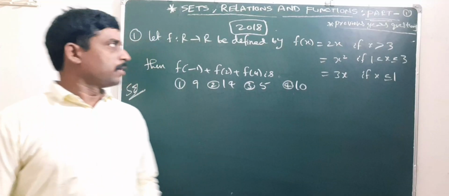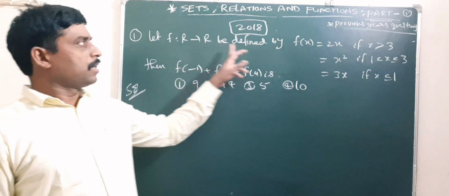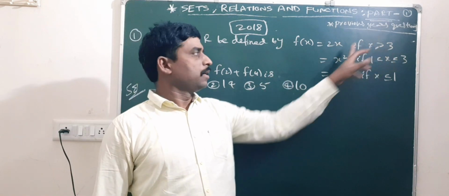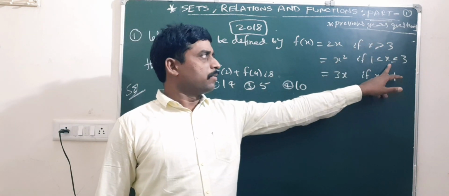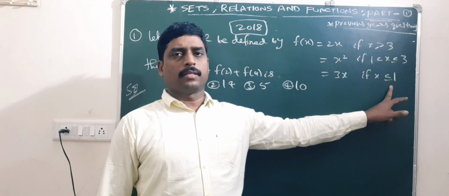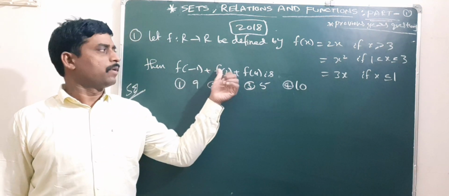Let's see question number 1 in 2018. f is a mapping from R to R defined by f of x is equal to 2x if x is greater than 3, x square if x lies between 1 and 3, and 3x if x is less than or equal to 1. Now we have to find f of minus 1, f of 2, f of 4.